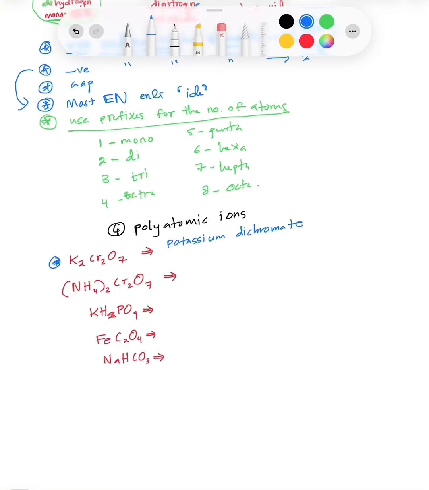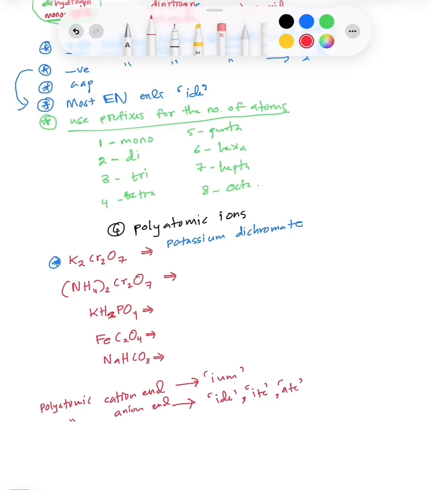right? So the rule for polyatomic ions is the polyatomic cation will end in -ium, and the anion will end in one among these: -ide or -ate.